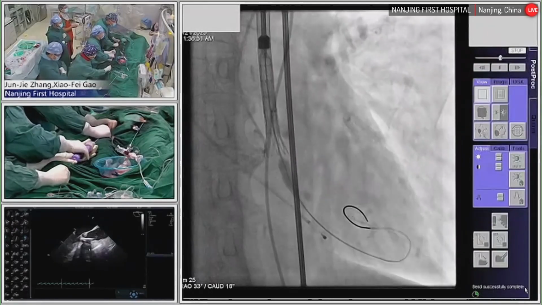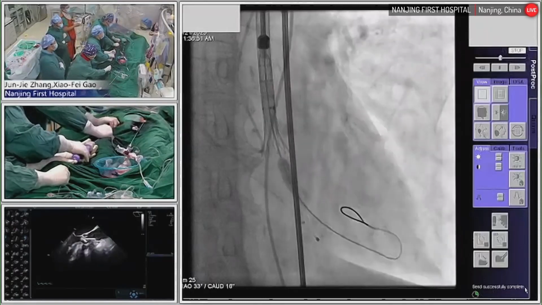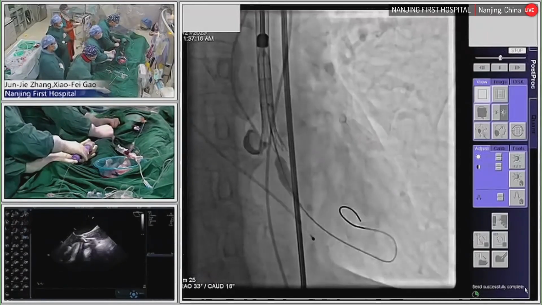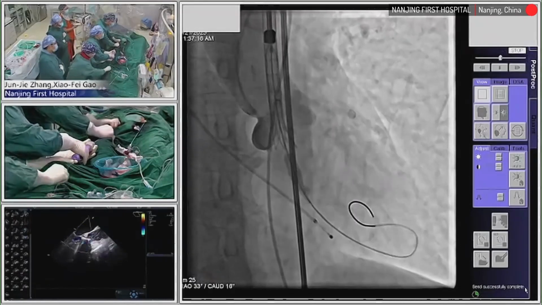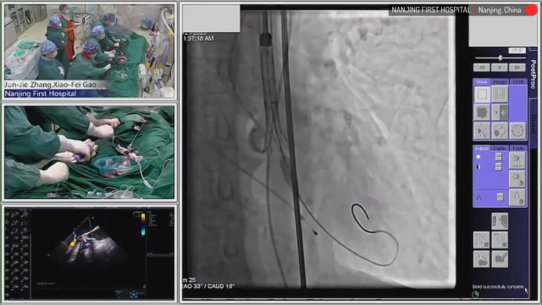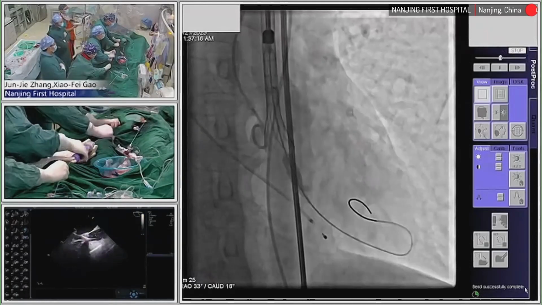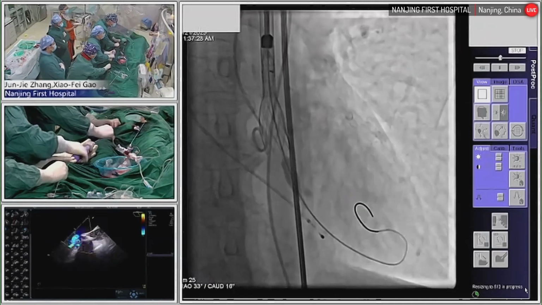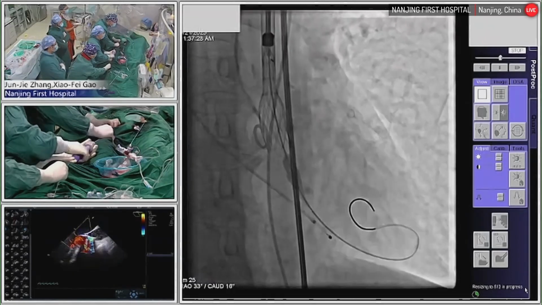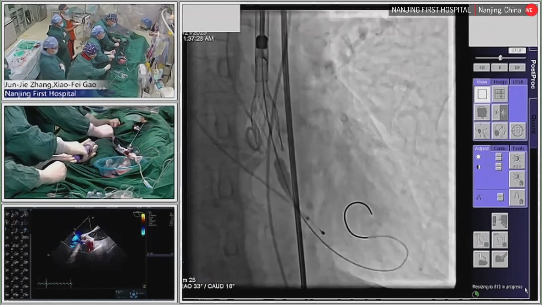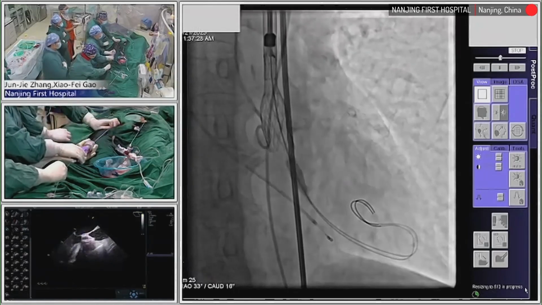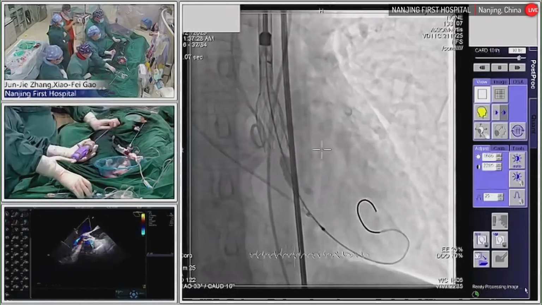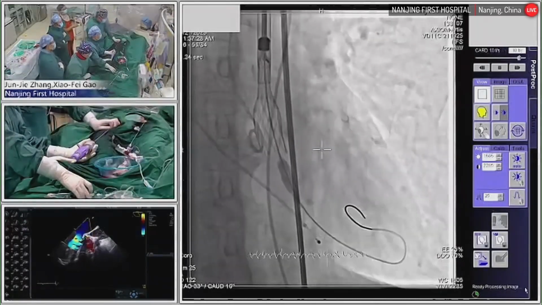They are below the annulus. A bit deep, 140. It's okay. Okay, good position. Good. Release. Cannot be any shallower. Okay, good. Stop pacing. So we release the valve to the recapture point.